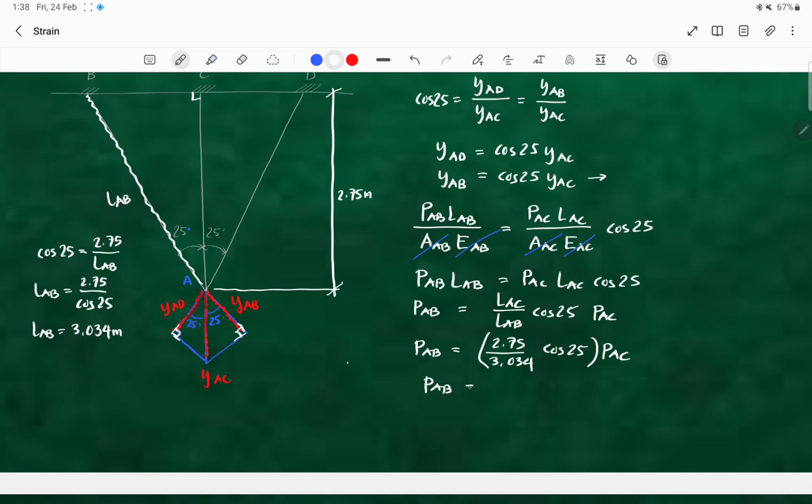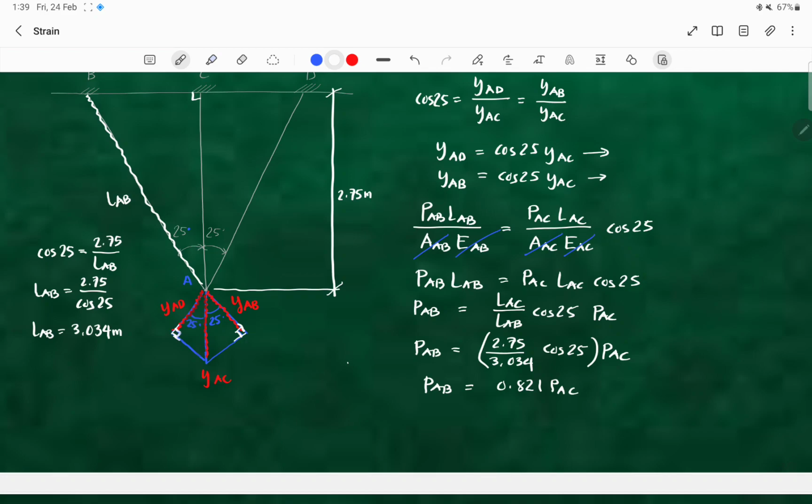So, yung force ni EB ngayon is, if we calculate that one using our calculator, so we have 2.75 over 3.034. Oops. And then cosine 25. So yung sagot niyan is 0.821 force ni EC.